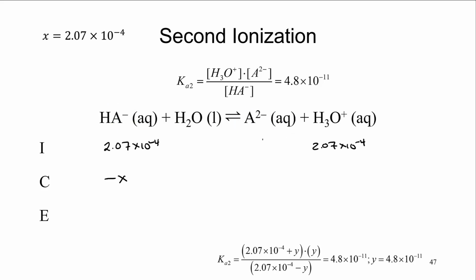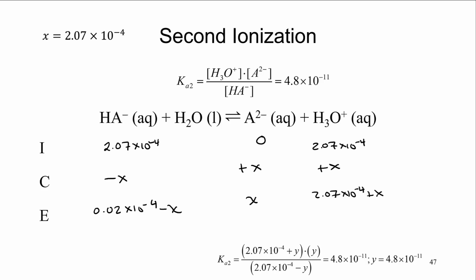So we're going to have a 0 here, so it still goes to the right. And then at the bottom, I'm going to have 0.02 times 10 to the minus 4 minus x, and x, and then 2.07 times 10 to the minus 4 plus x like this.